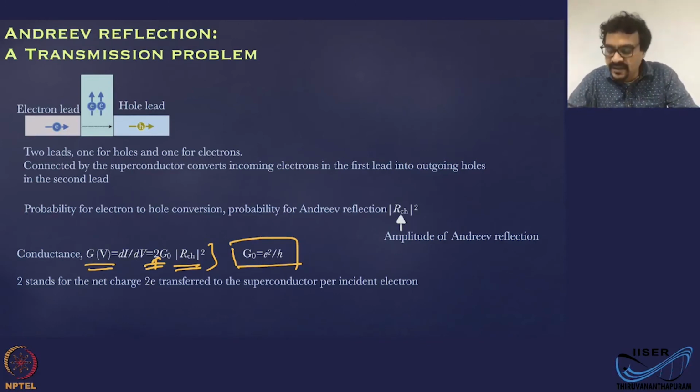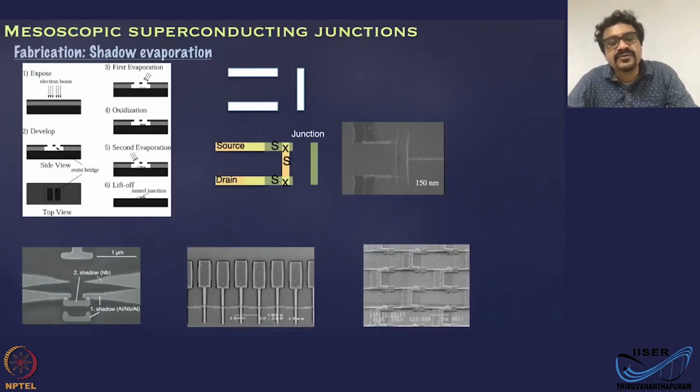Okay. Now, let's quickly review a simple technique to fabricate a mesoscopic superconducting junction system. What we just discussed is a junction between a superconductor and a normal metal. Similarly, you can have superconductor-superconductor junctions between the same superconductor, or also between different superconductors.